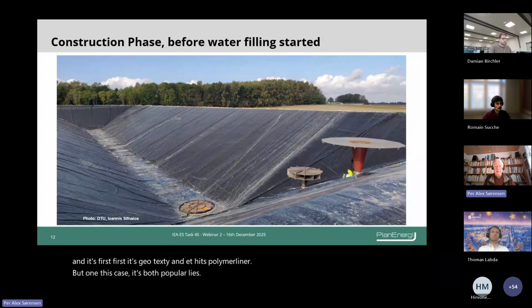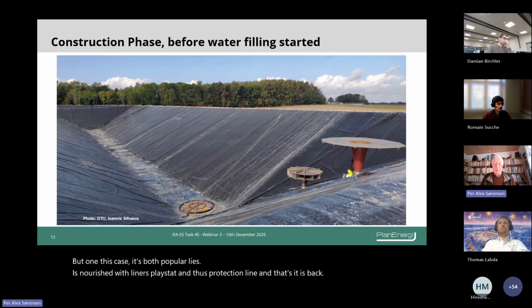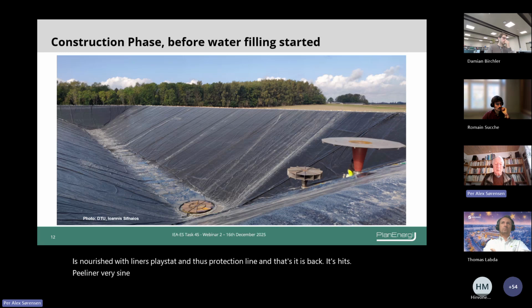And here the liner is placed, and there's a protection liner. That's the black one. It's a PE liner, very thin, which is used as protection to avoid dirt when you fill water into the system. So you fill water below the protection liner.